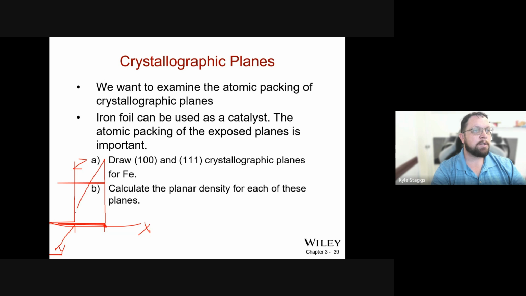It's going to turn into a plane here that's going to be infinite in the other two axes for 1 0 0. For 1 1 1, it's going to be a little bit different.